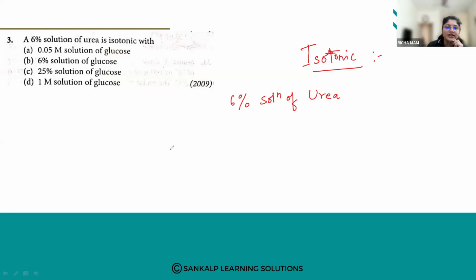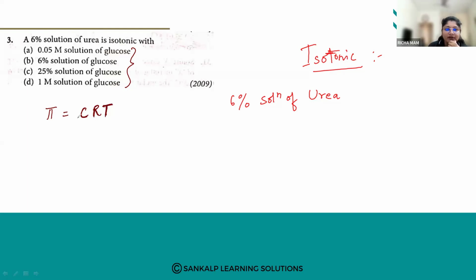Now, what is isotonic? We have just seen. So when a 6% solution of urea is isotonic with one of the glucose solutions, there are 4 different concentrations of glucose solution given. We represent the osmotic pressure as pi. So pi is equal to CRT, where C is the concentration of the solution, R is the universal gas constant, and T is the temperature.